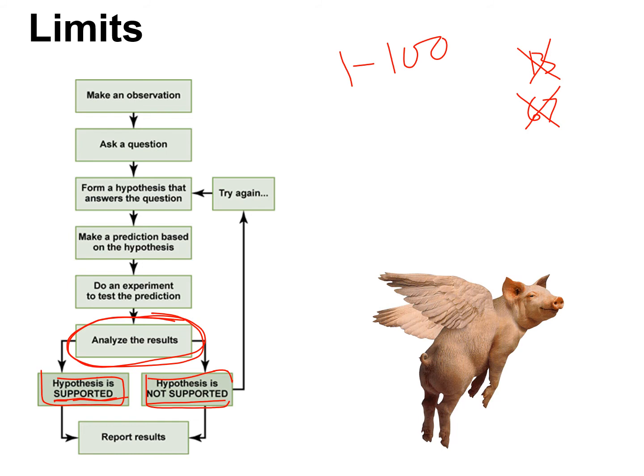If you perform that experiment on the poor pig, and the pig does not fly, all you have proven is that that particular pig did not fly from that particular building. But you have not proved that all pigs cannot fly. So another limitation of science is it cannot prove a negative. It can't do that.